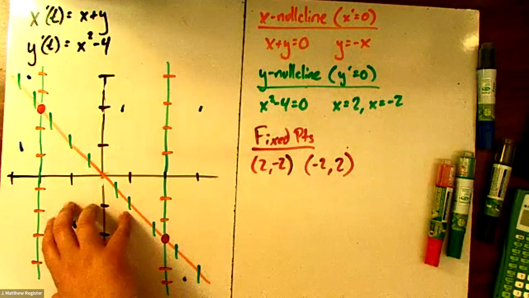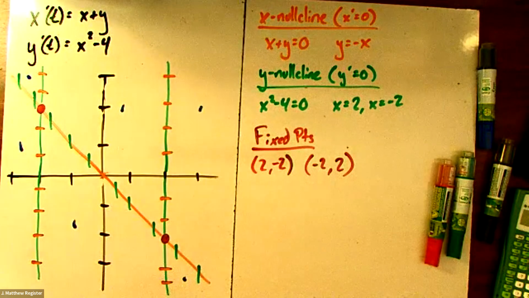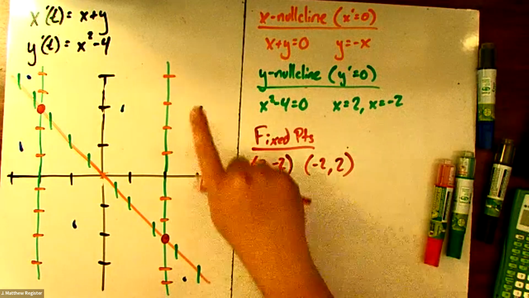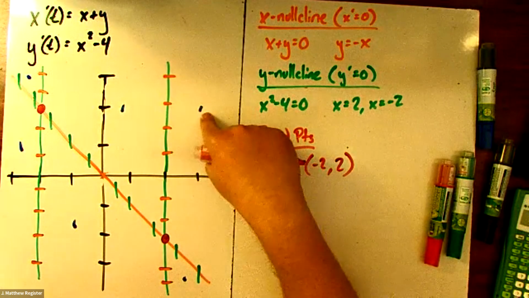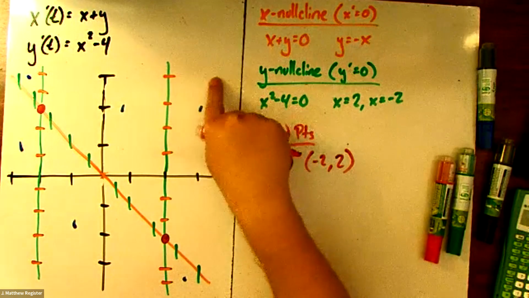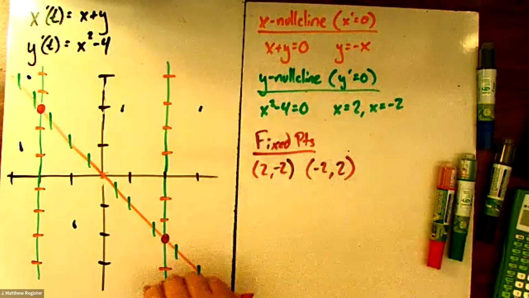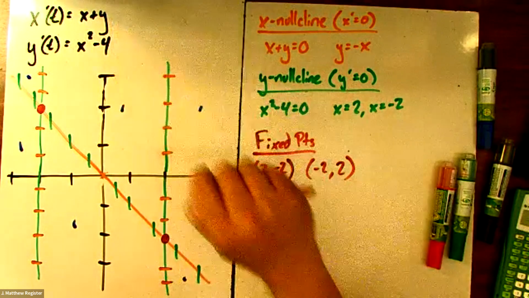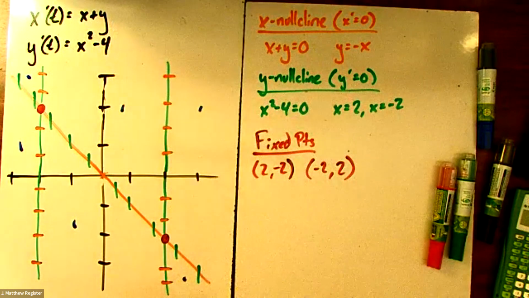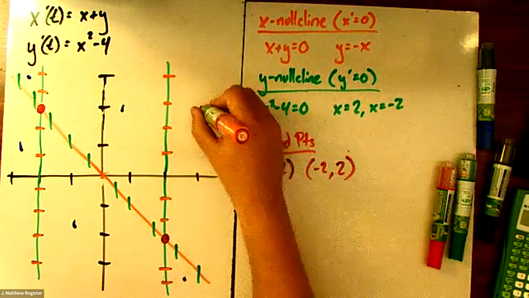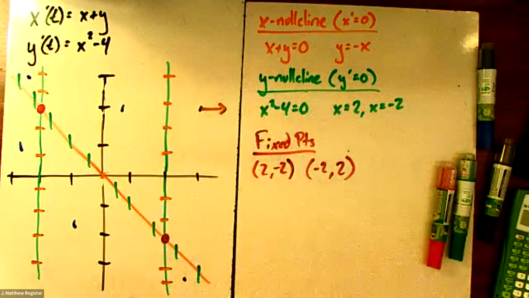And same with everything beneath it. It's going to be positive or negative, but definitely not 0. And so let's determine the signs. And let's do a test point up here. If we're at like 10, 10, we're definitely in quadrant 1, which means we are on this side. 10 plus 10 is 20. So that means that we are going to be going in a positive X direction if we are in this region.